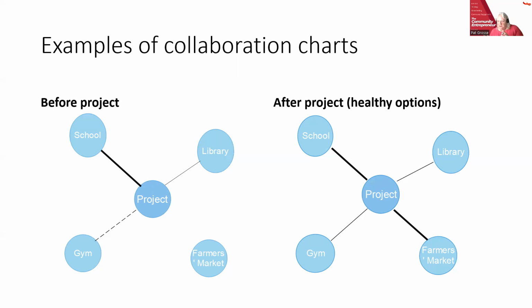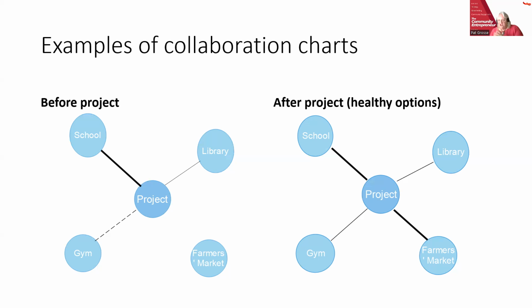Just before COVID hit, I was working on a project with a group of neighbourhood houses in Melbourne. I remember they did this collaboration chart as part of the evaluation. What they did at the beginning looked okay, but one of them at the end showed the changes she'd made and the connections she'd made, and it just blew you out of the water.